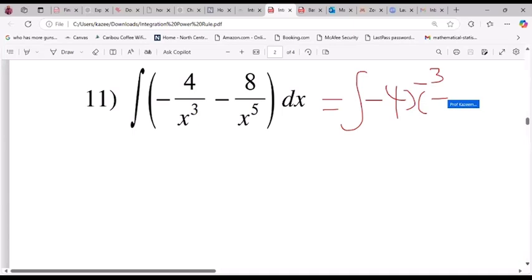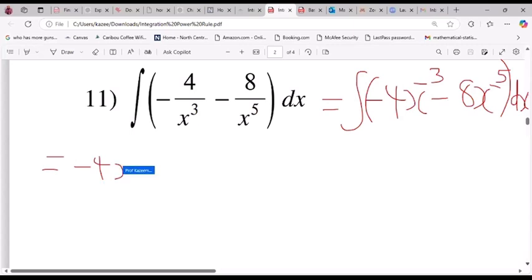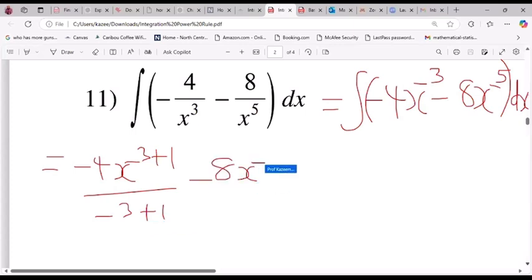So here, I have a positive power, so it's going to become a negative power. Okay, and I want to do the x. So if I go by what I did the other time, I'm actually going to do this. Negative 3 plus 1 divided by negative 3 plus 1, minus 8 x to the power negative 5 plus 1 divided by negative 5 plus 1, plus c.